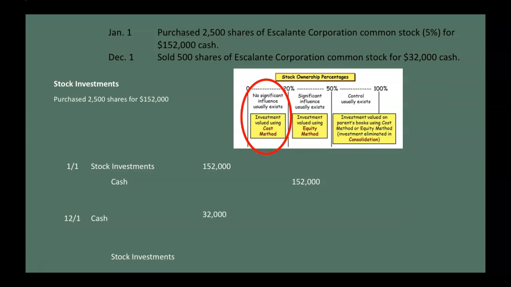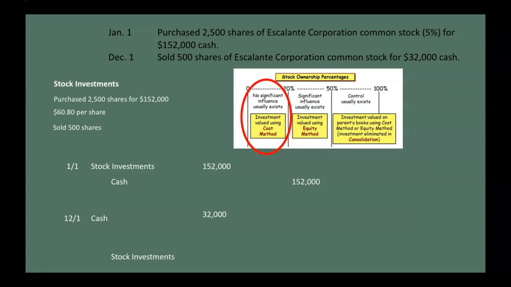So we purchased 2,500 shares for $152,000. That'll be $60.80 per share. So we took the 152 and divided it by the 2,500. When you do that, you'll see that each of those shares we paid $60.80 for.